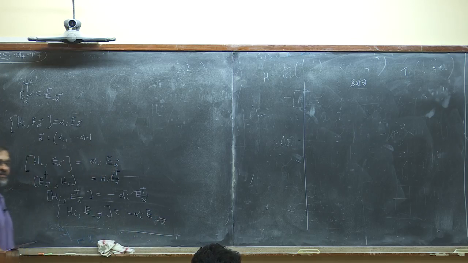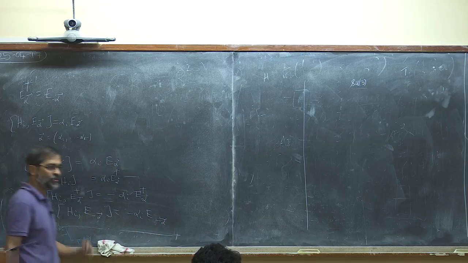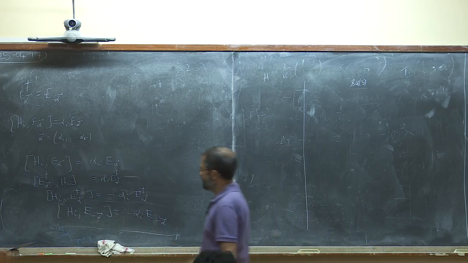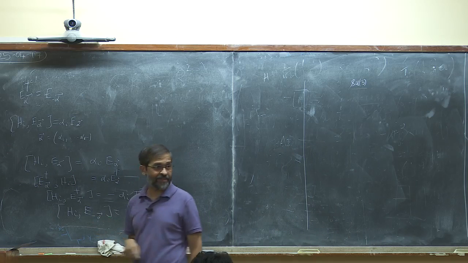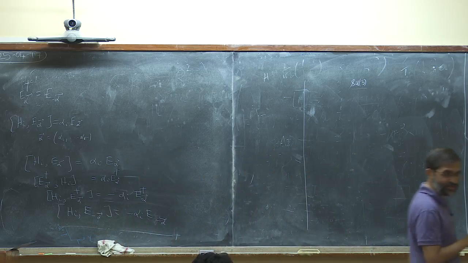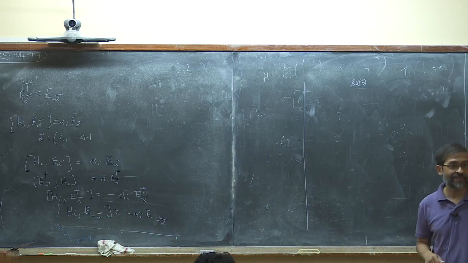So it says two things in one shot: if alpha is a root, then minus alpha has to be a root, and the generator corresponding to that root is E_alpha dagger.